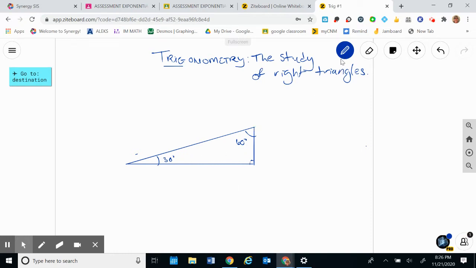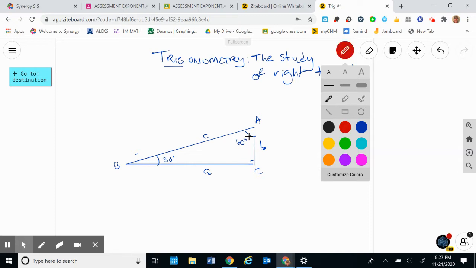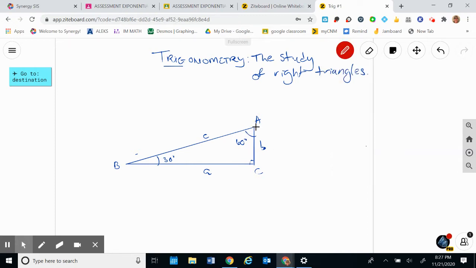What I want you to think about is that when you have right triangles, I'm going to call this side A, this is capital A, I'm going to call this C, and this is little c, and this is capital B, and this is little b. A, B, C. The way we name triangles and sides is that imagine you are in the picture and you are standing at point A. The side opposite you usually has the opposite name.